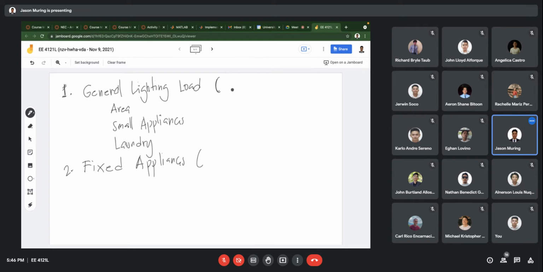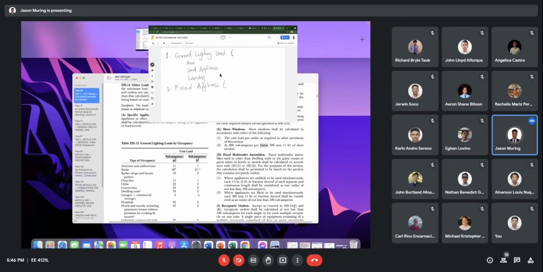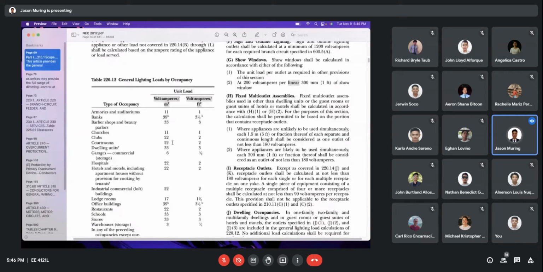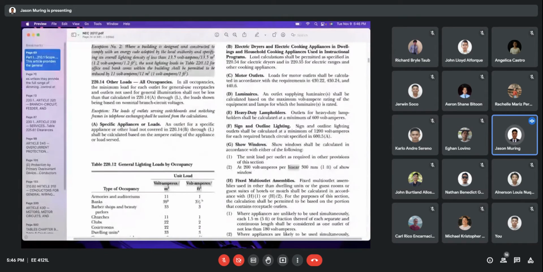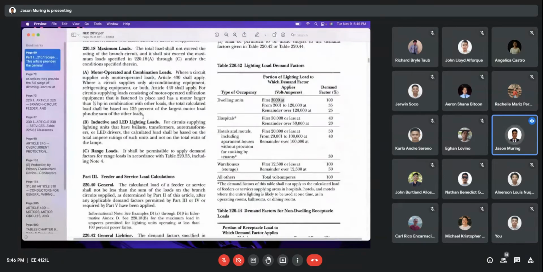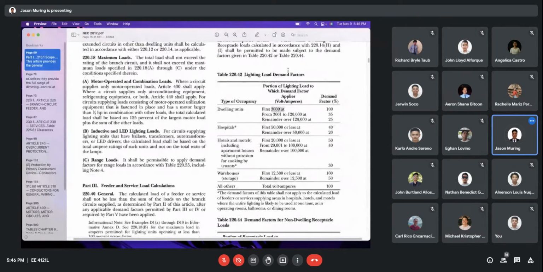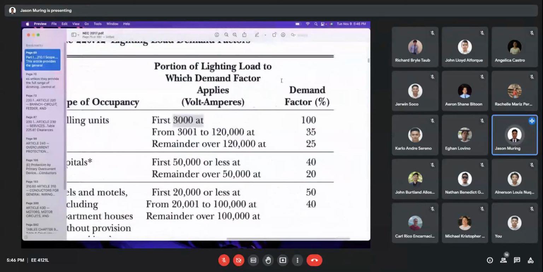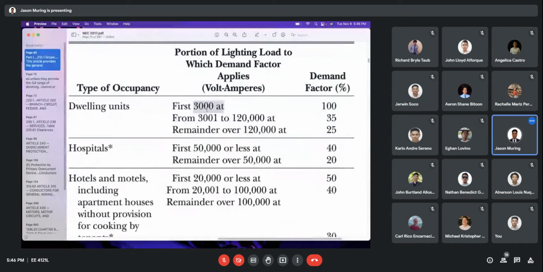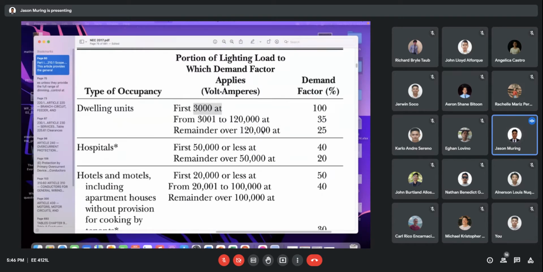So we know that for general lighting, there's a specific demand factor for dwelling settings. Okay, so for example, this is where we solve for the area. For the dwelling demand factors, for lighting load, we use this part here. The demand factor for the first 3,000 is 100%, 3,001 to 120,000 is 35%, the remainder is 25%.